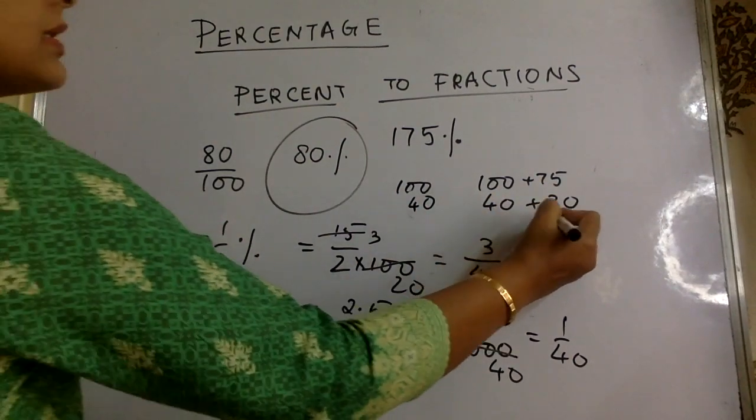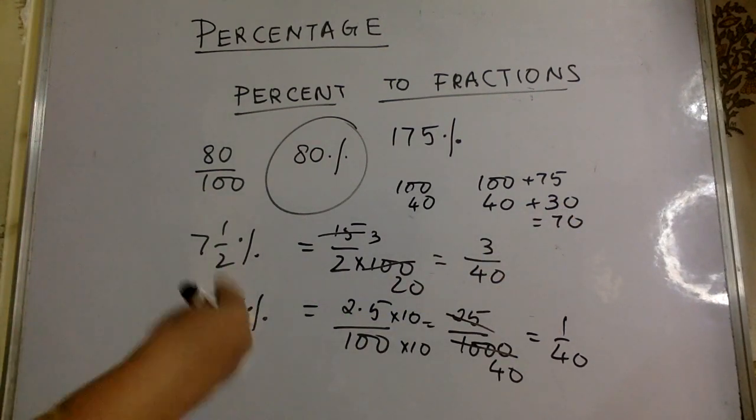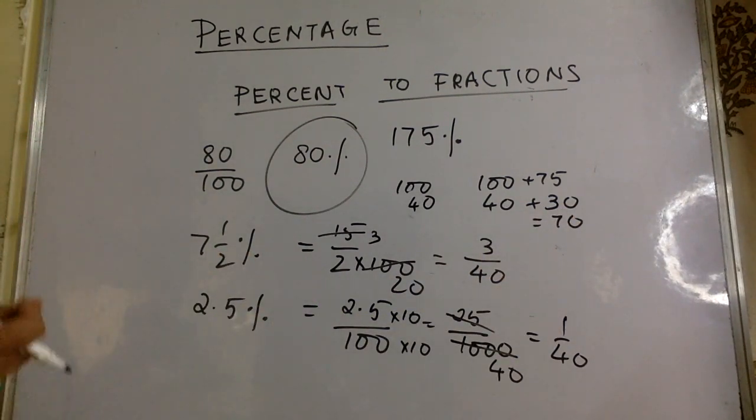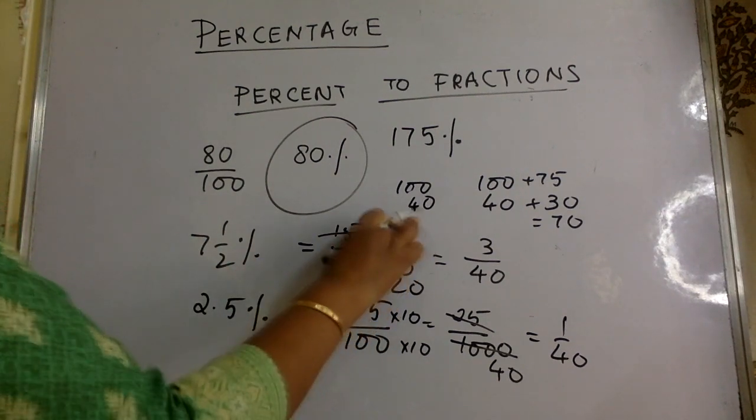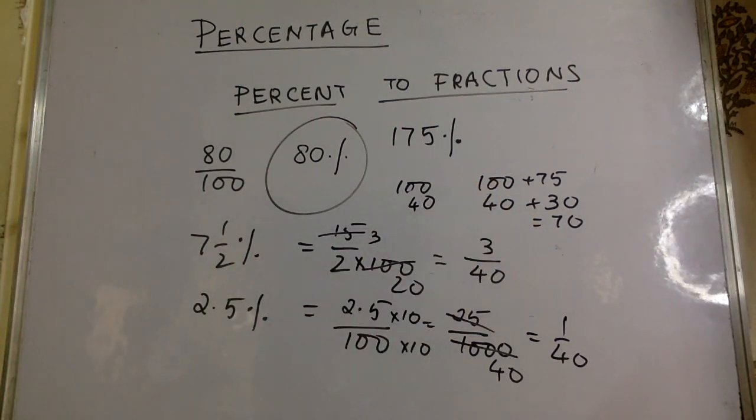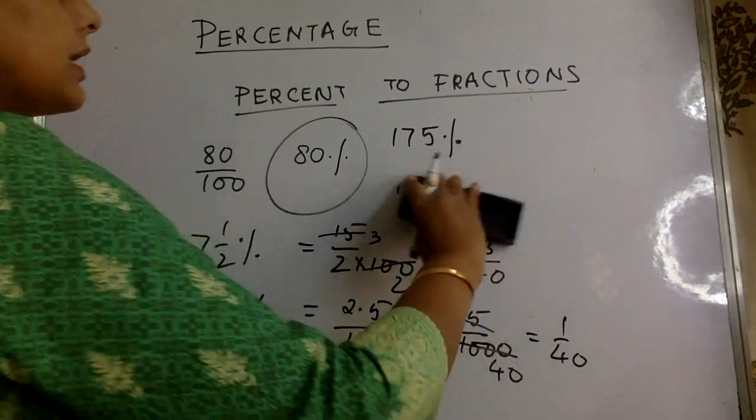So that is 70. So 175%, why not? Why just 175%? Even 200%. If I say 200% of this, it straight becomes 80, which means double. So we can be asked 175% also of a certain number, to express it in fractions.